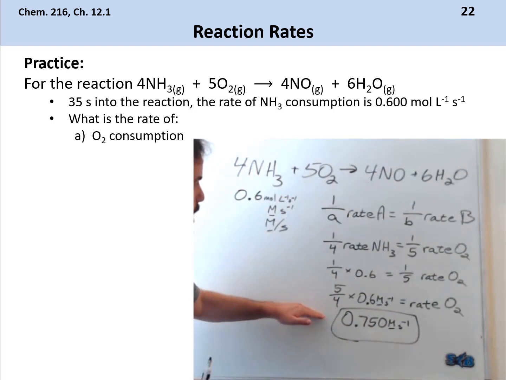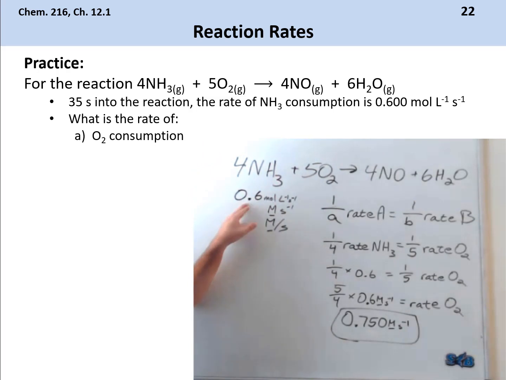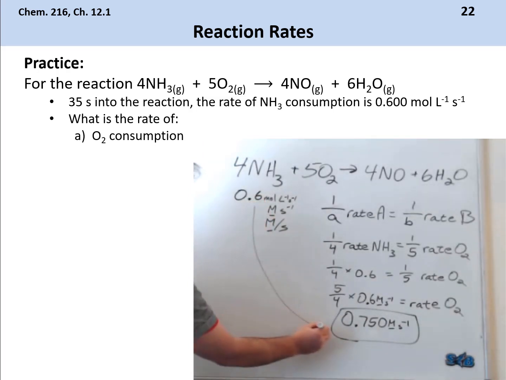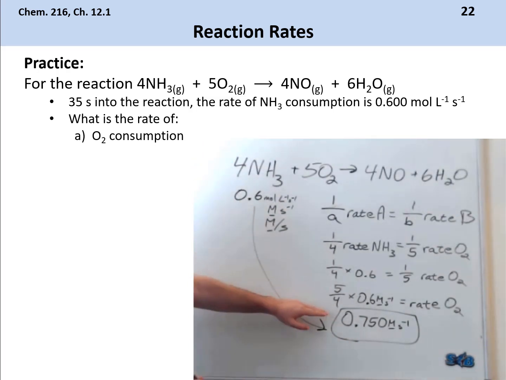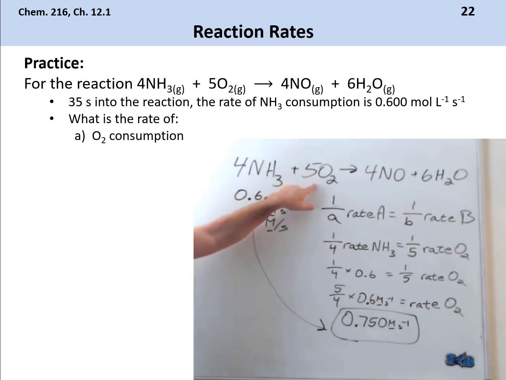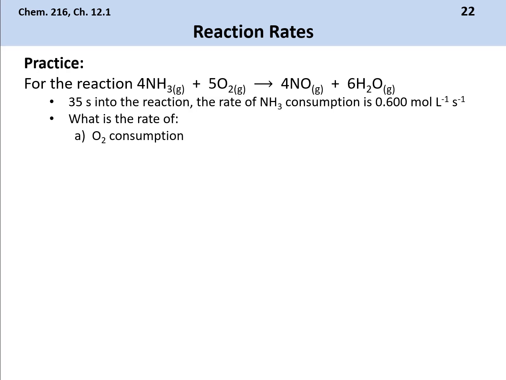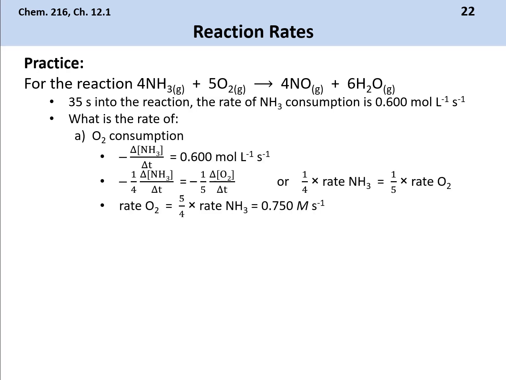Notice what happened. If I compare the two, this is for NH3, this is for O2. The rate of O2 is greater than for NH3. Why? Because the stoichiometry is bigger. So there it is one more time.